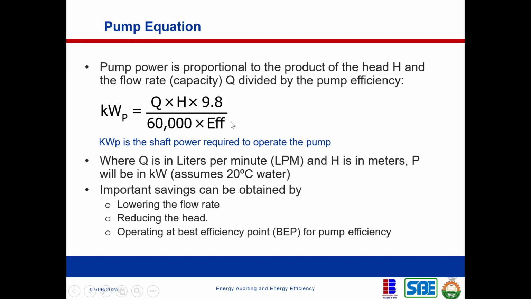It is a constant value. The 60,000 and the 9.8 is a constant value, right? Just in the same way that when we're doing calculations for heat flow, you will see that the specific heat capacity of water is 4.2. Anyway, that's empirical, right? It has been experimented and they arrive at that value.